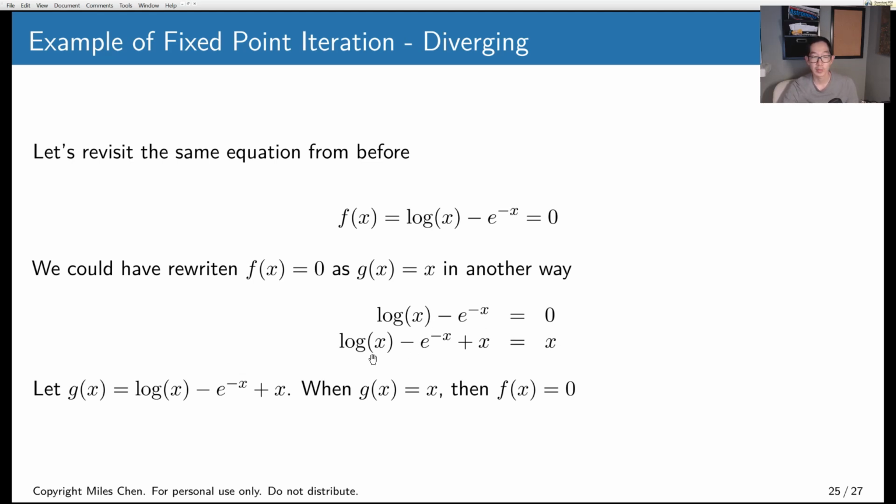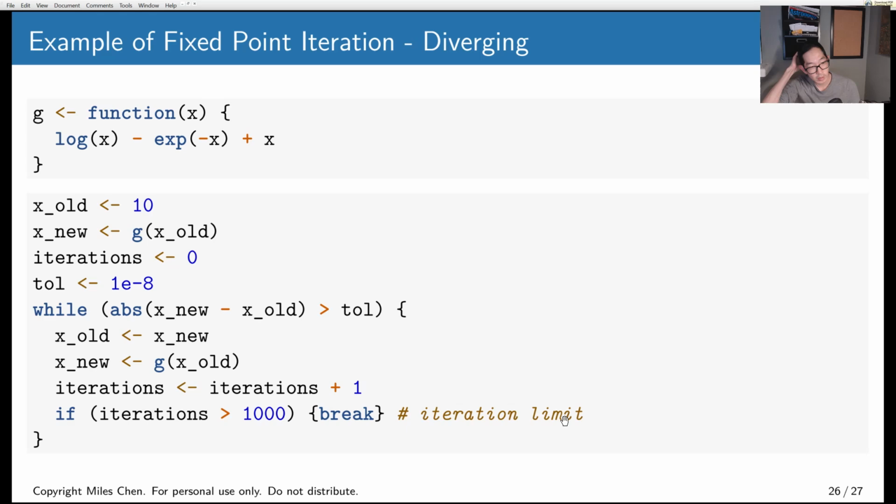So log of x minus e to the negative x plus x is equal to x is where f is equal to 0. So can I find fixed points of g of x? If I find a fixed point of g of x, that's going to be a root of f of x. Well, unfortunately, this doesn't converge.